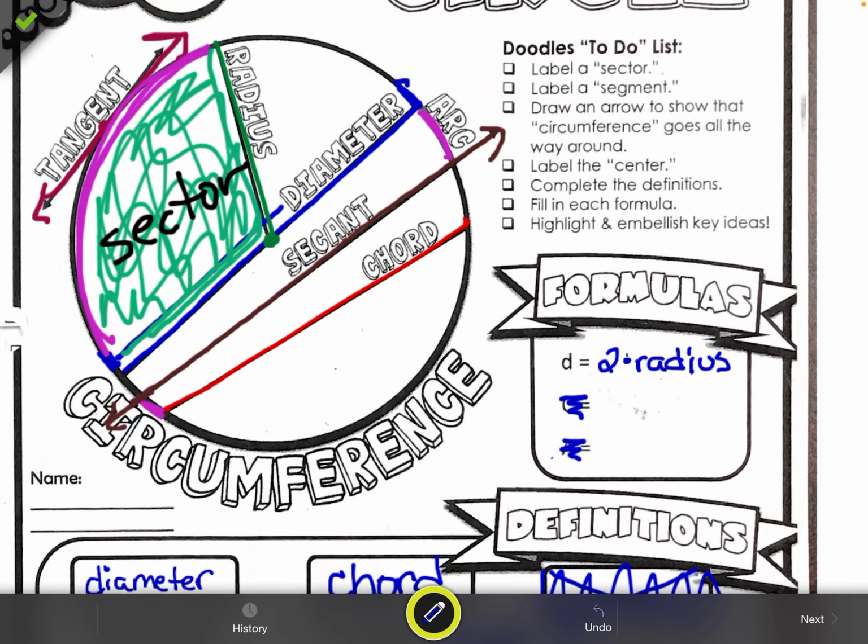In other words, if this whole line here is 20, then you know that your radius, from the center to one side, is half of that, so you'd have 10 and 10. If you know your diameter is 50, then your radius is 25, divided by 2.